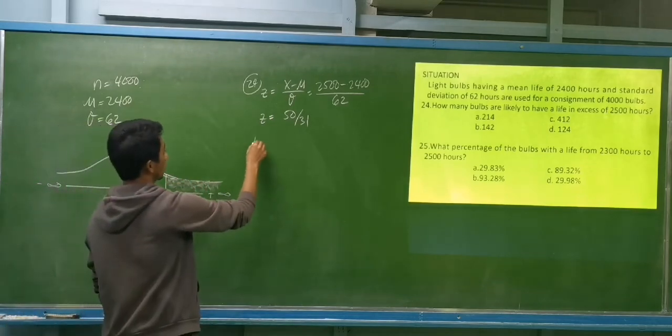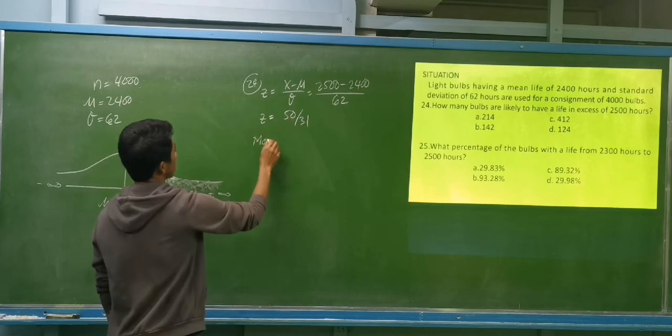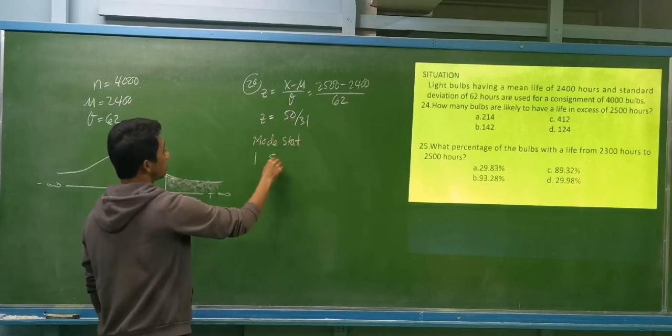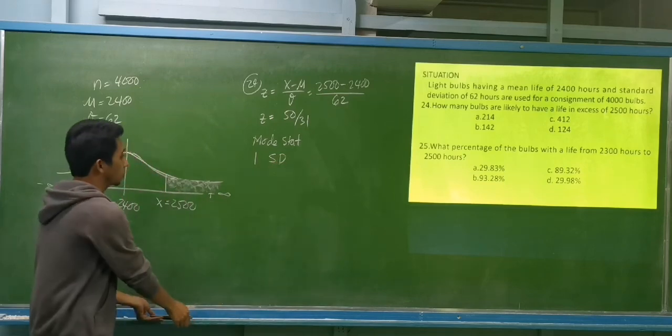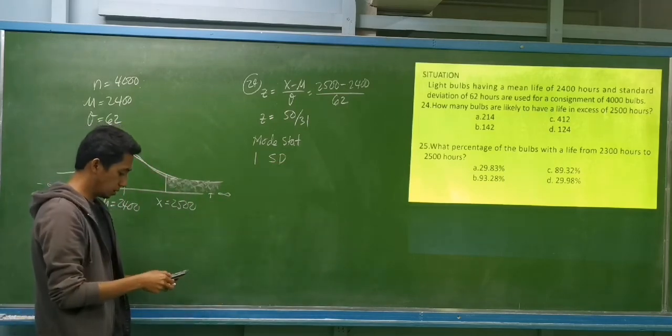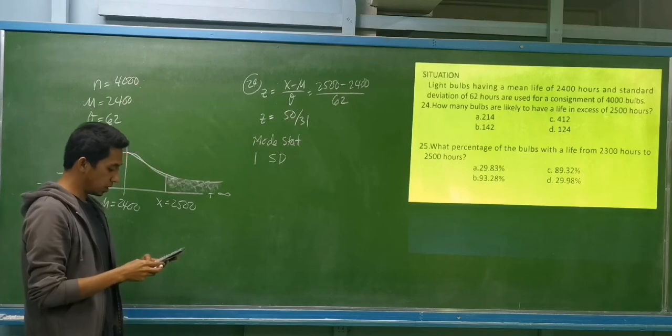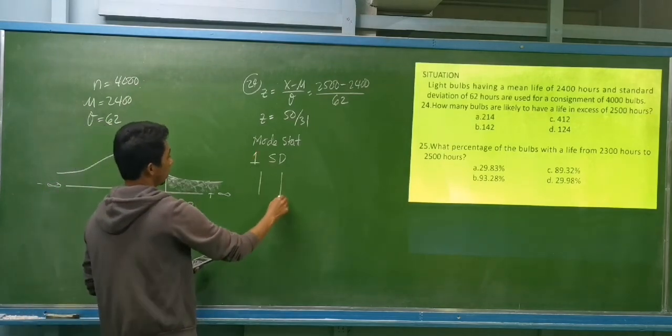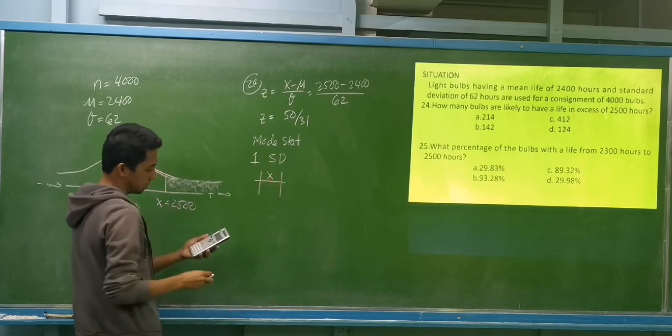Okay, mode stat ulit tayo. So, this is ay mode stat. Then, number 1, yung SD. I think that is for standard deviation. So, mode number 3, then number 1. So, lalabas ulit yung column ng X. Pero hindi natin gagamitin yan.